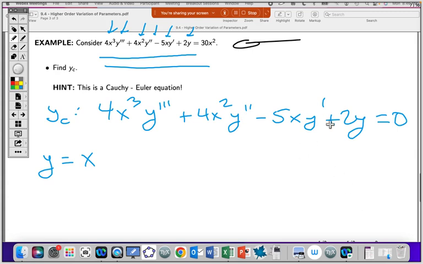Because if we think of what's going on here, anytime you take a derivative, we're slapping on a power of x. So we take one derivative, we multiply by x, two derivatives, we multiply by x squared, three derivatives, x cubed. So every time we would take a derivative and lose a power of x, multiplying by x puts it back together again. All right, so then we look at y equals x to the m.